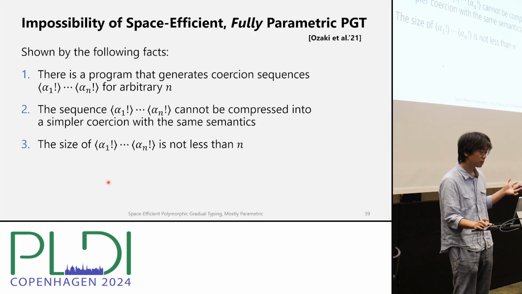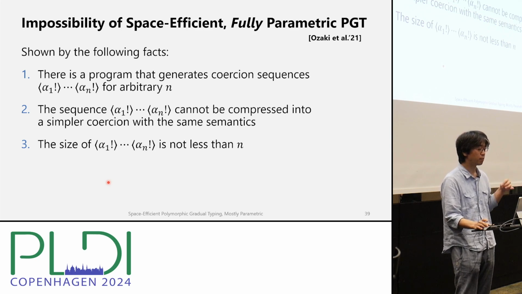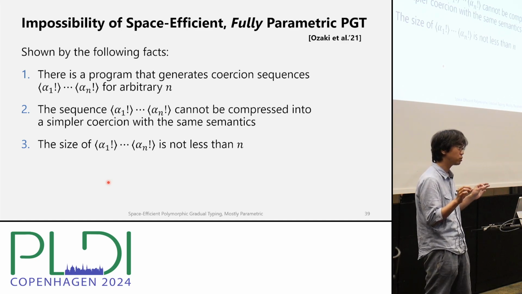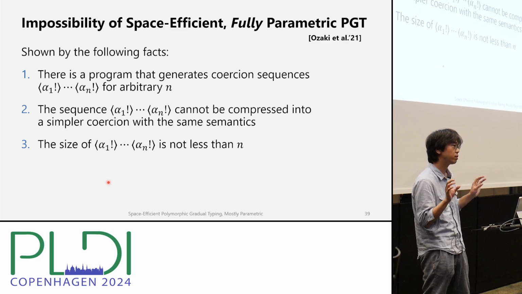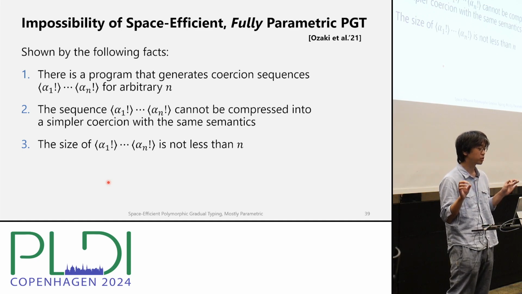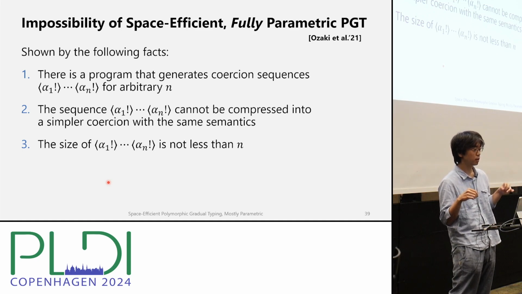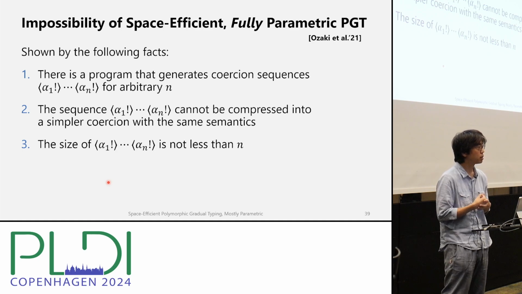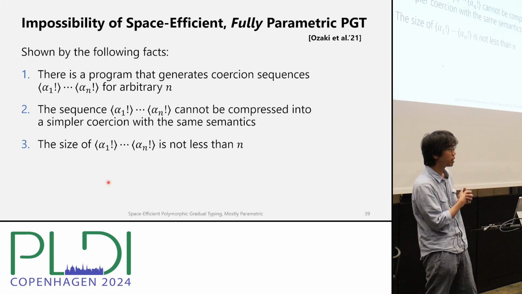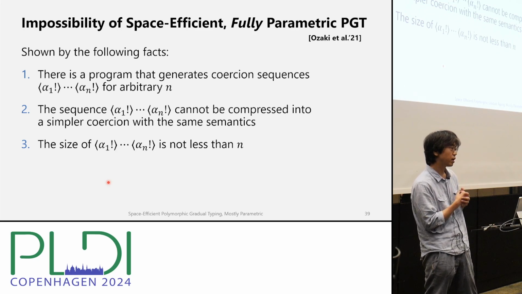The first fact is that we can provide a program that generates coercion sequences that consist of injection coercions for n different type names. The second fact is that the coercion sequence cannot be compressed into simpler coercions. And the third fact is that the size of this coercion sequence is not less than n.